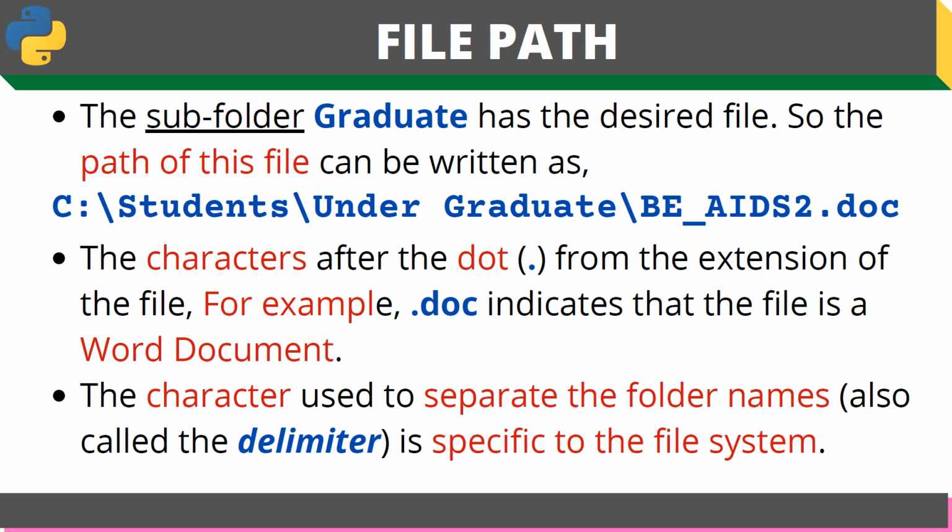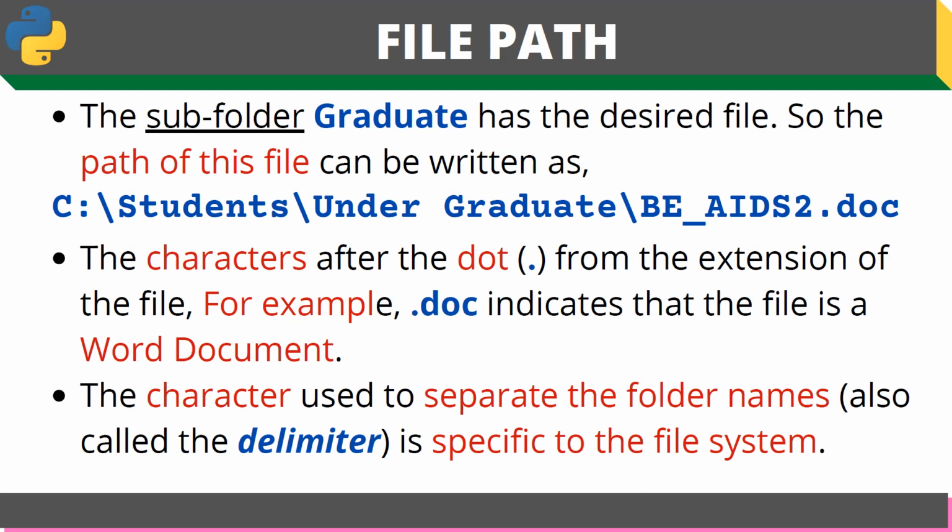The characters after the dot form the extension of the file. So for example, .doc indicates that the file is a Word document. The character used to separate the folder names, also called the delimiter, is specific to the file system.